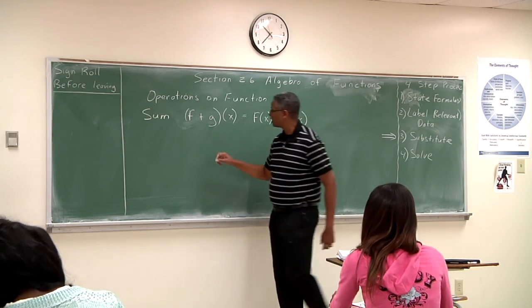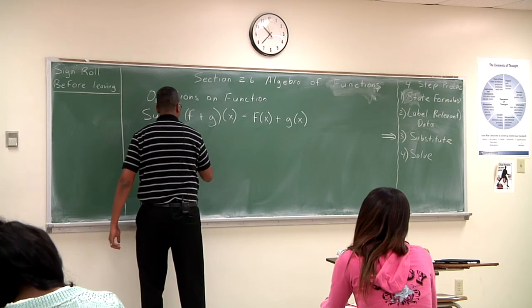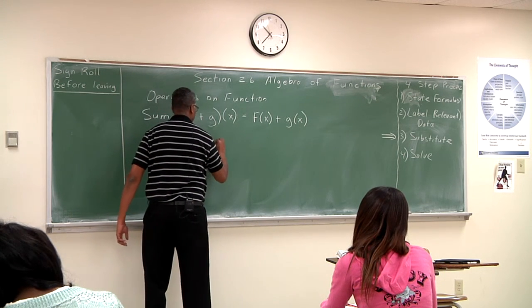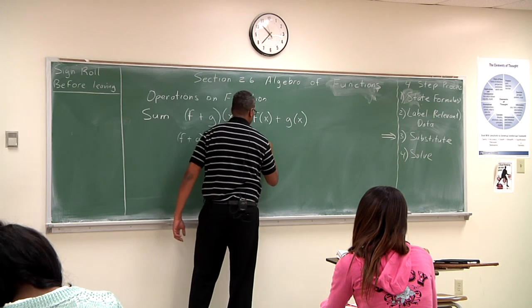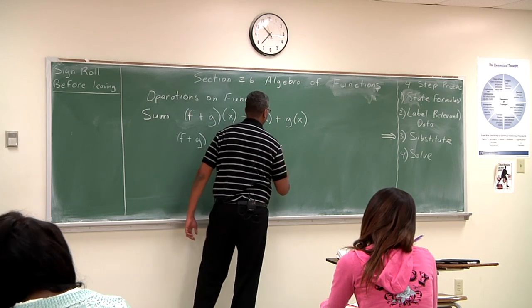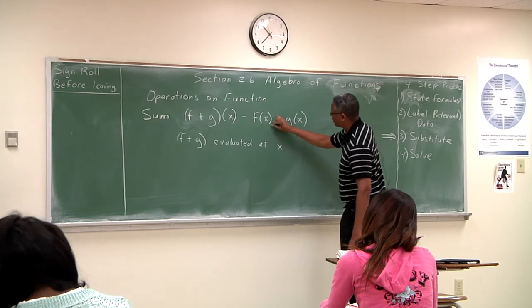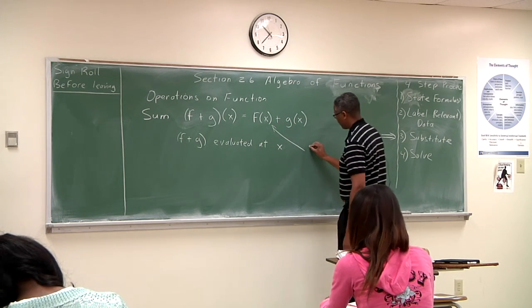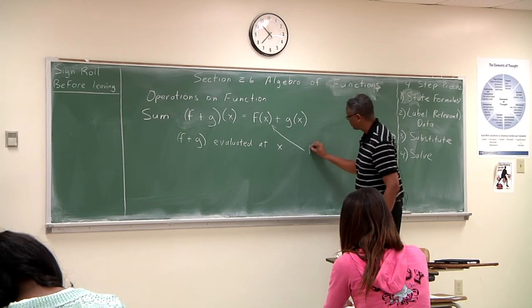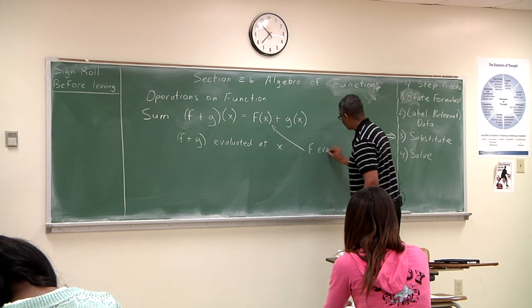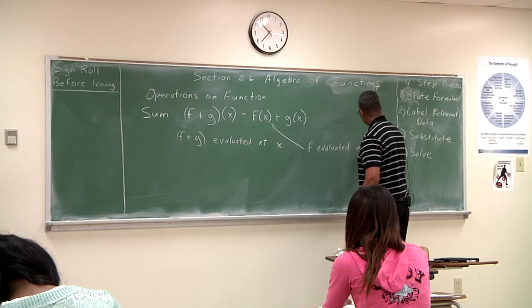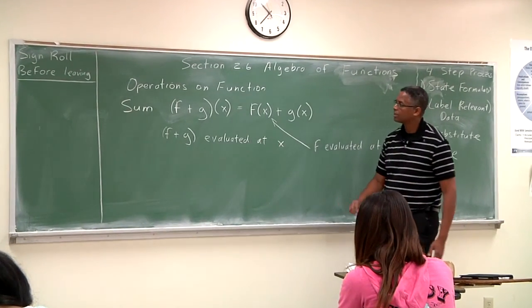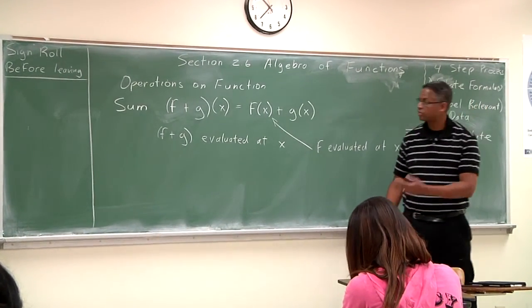The way this reads is f plus g evaluated at x, just in the same manner that f of x is not the same thing as f times x. It's the function f evaluated at x, okay? So let's just do an example to make sure this is clear.